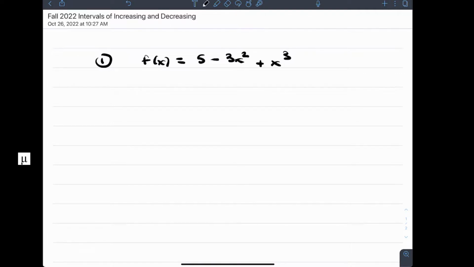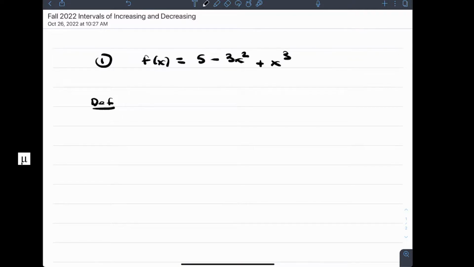We're going to start to talk about what this actually means. Okay, intervals of increasing and decreasing. So here's what I'm going to remark, first of all, by giving you some definitions here. It always starts with definitions.